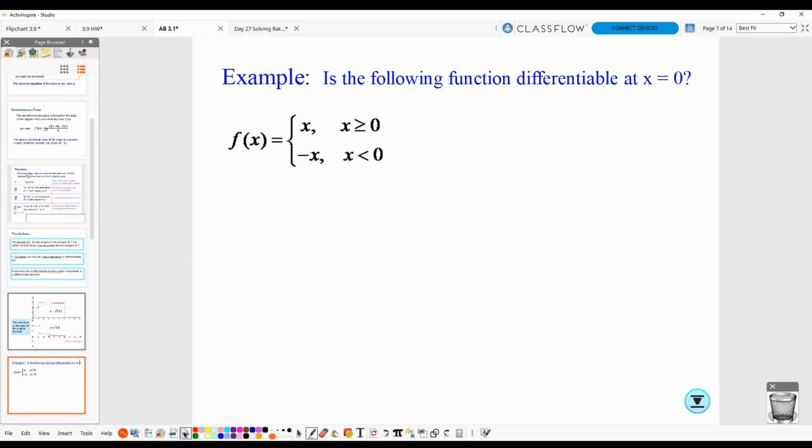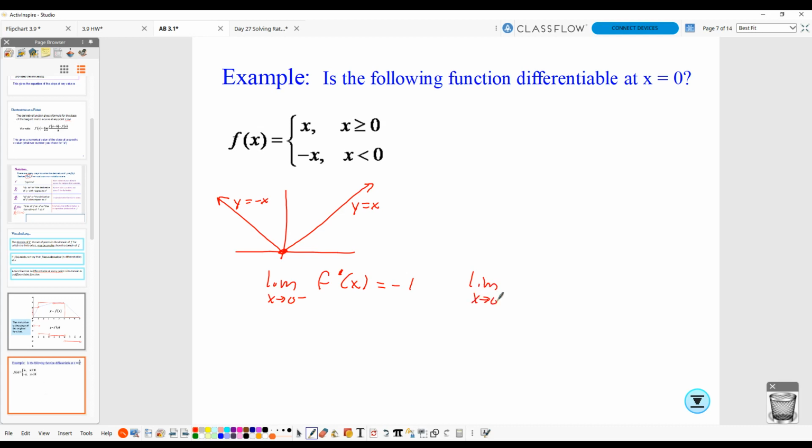Okay, this function. Is the function differentiable at 0? For x equal to 0 and bigger than 0, we graph the function y equals x. For all x values less than 0, we graph y equals -x. The slope over here is -1.